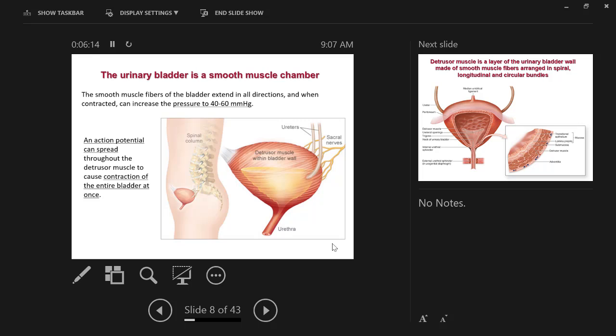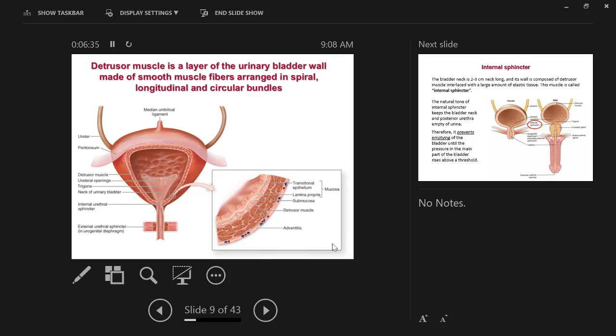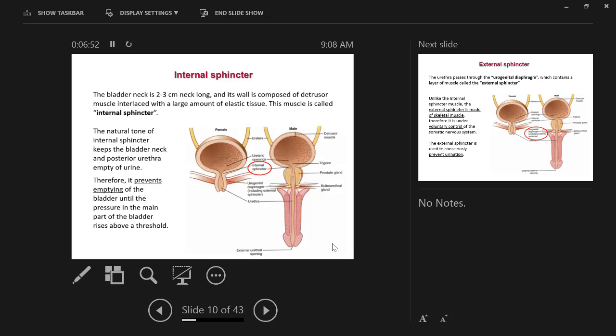That's why systolic pressure is 120. So the bladder can generate 60 mmHg pressure, almost half the strength of the heart. So it's quite strong. If you look at the layers, the fibers go spiral, longitudinal, and circular. With multiple directions, the bladder can contract. That's how the urine can come out so strongly from the bladder.